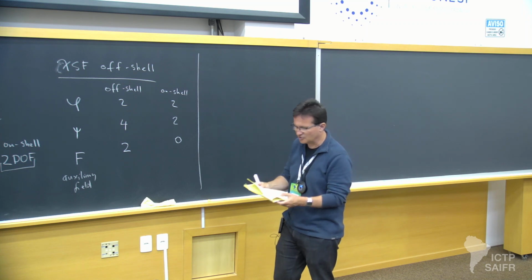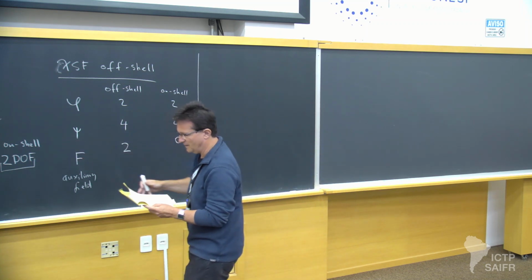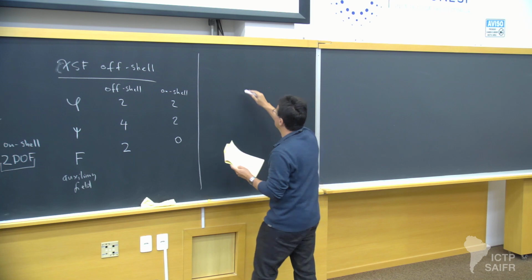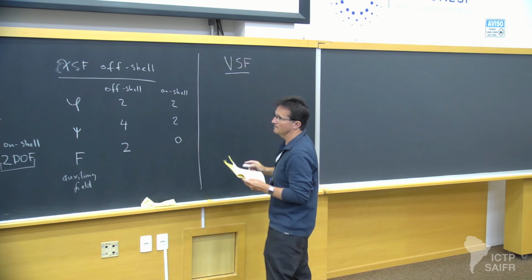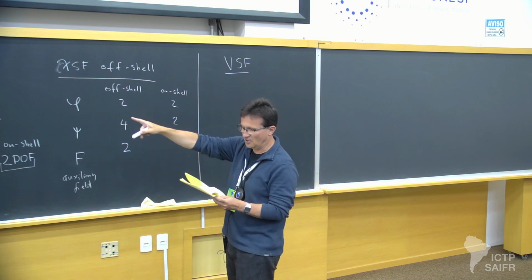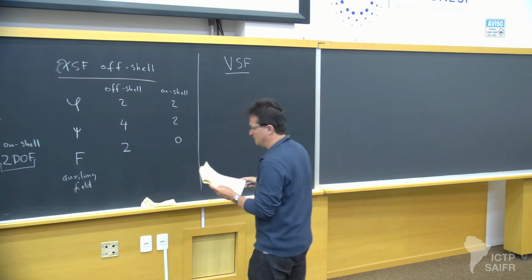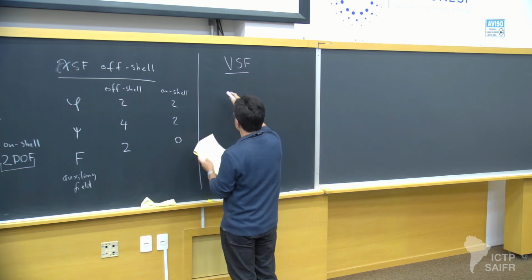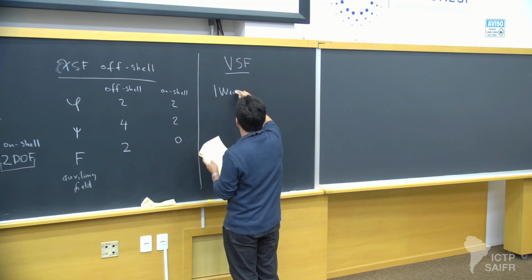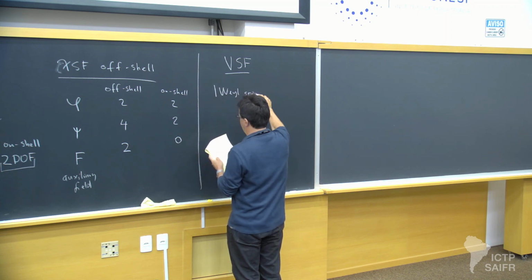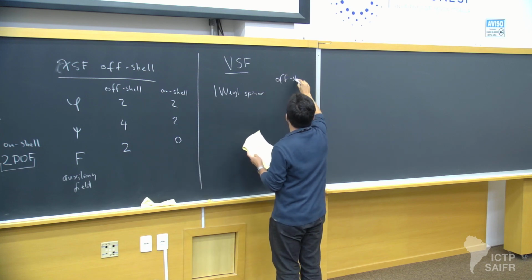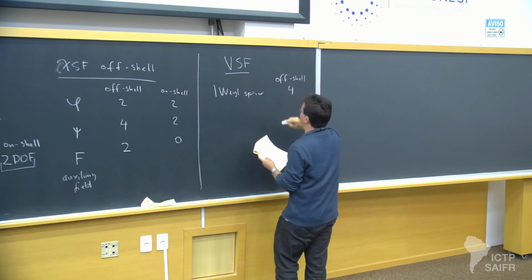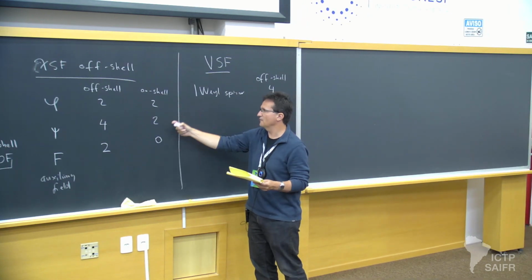Now there's a similar story for the vector superfield. I'm going to call it VSF. So that's the vector superfield. I told you that it has 1 gauge field and 1 2-component spinor. So the 1 Weyl spinor, again, off shell has 4 degrees of freedom, no difference here.